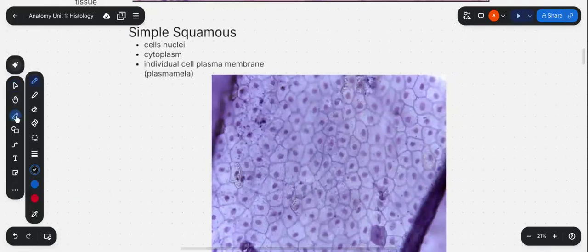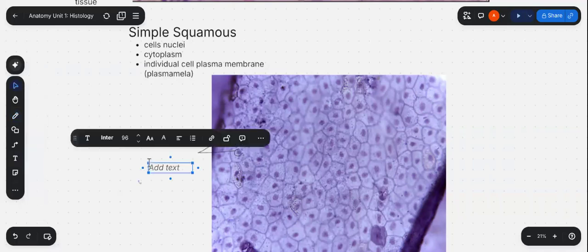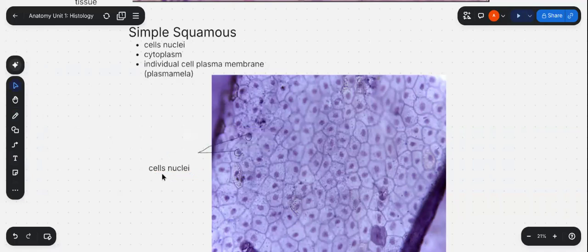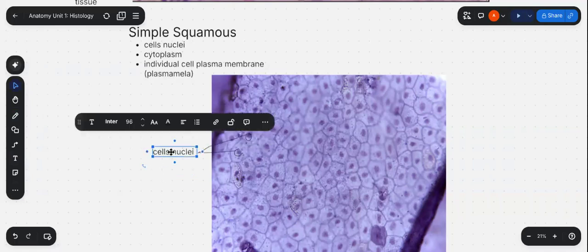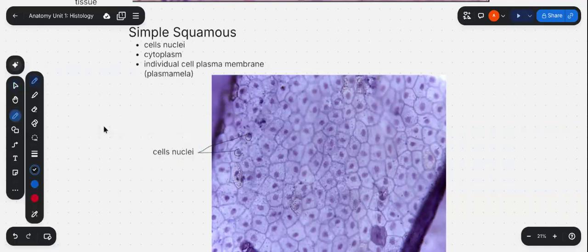Simple squamous is even easier to understand. You have your cell's nuclei, which are these purple looking dots in the middle of each of these cells. So right over there, cells, nuclei. Then around it, you're going to have this whitish space.